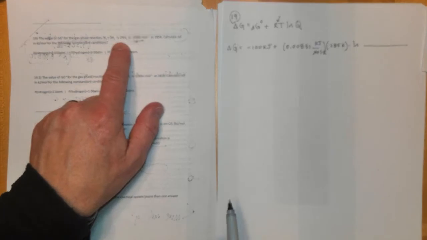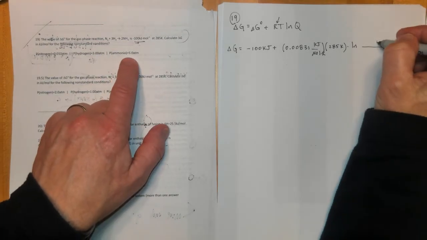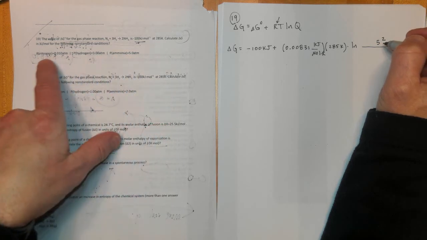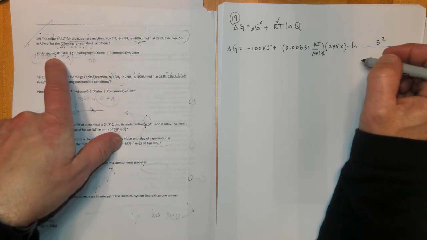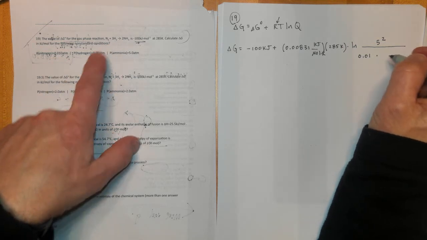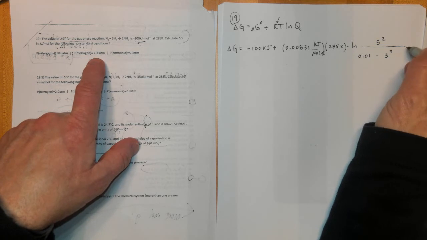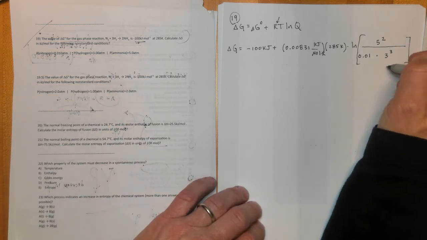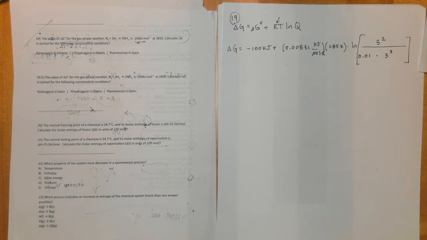The product here is NH3, ammonia, so that would be 5 to the second power, divided by the reactants, nitrogen, which is 0.01 raised to the first power, times hydrogen, which should be raised to the third power, 3 to the third power. So you want to evaluate this part first and then take the natural log of that.